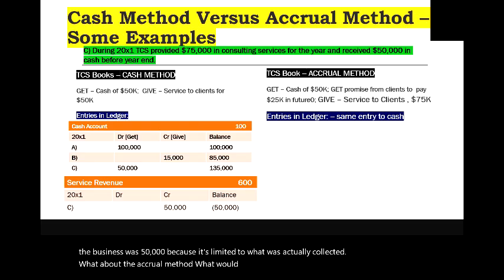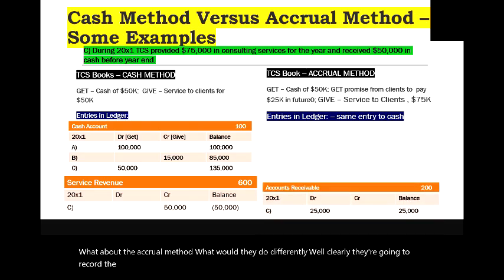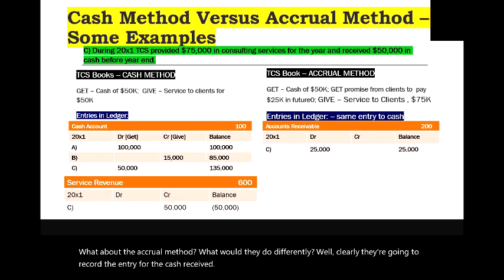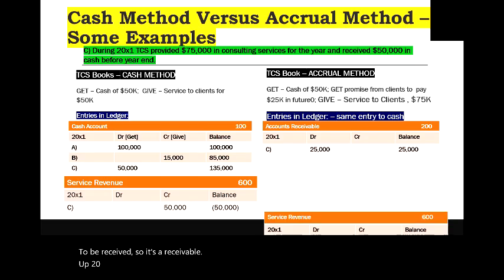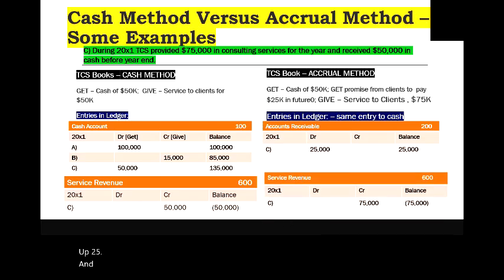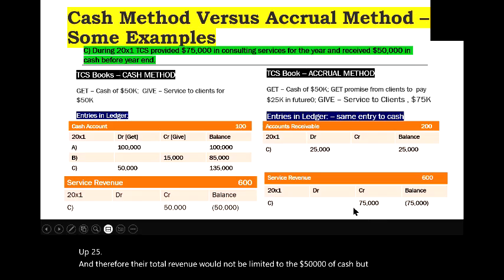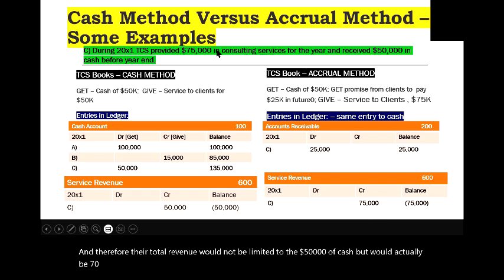What about the accrual method? What would they do differently? Well, clearly they're going to record the entry for the cash received. But notice that they're also going to show that they have $25,000 to be collected, to be received. So it's a receivable of 25. And therefore, their total revenue would not be limited to the $50,000 of cash, but would actually be $75,000 because that's what they earned.